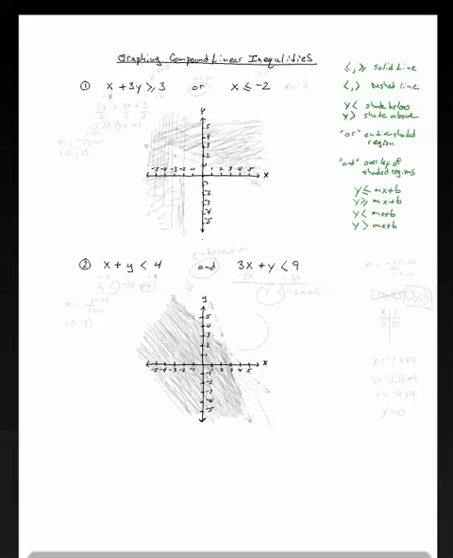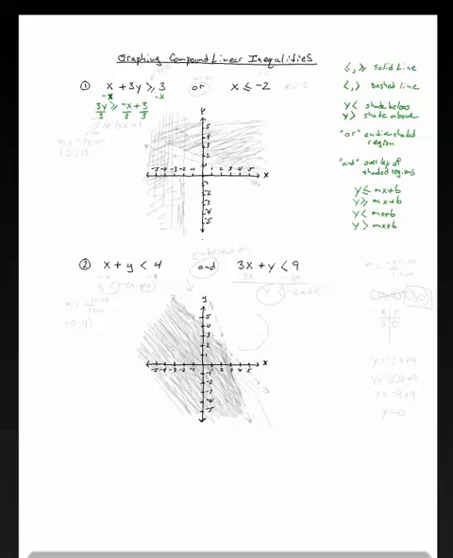In order to accomplish that, the first thing I'm going to do is subtract x from both sides. That gives me 3y is greater than or equal to negative x plus 3. Then I divide all of these terms by 3 to get y by itself.